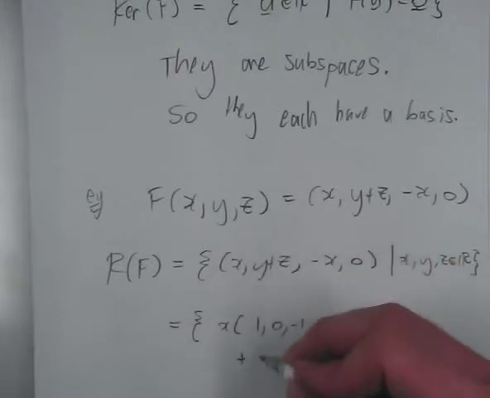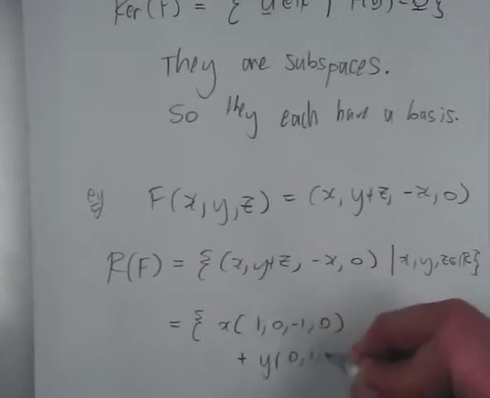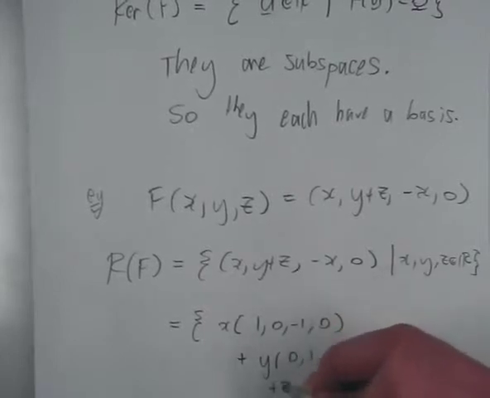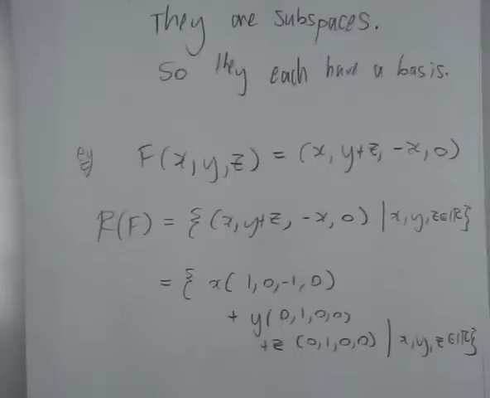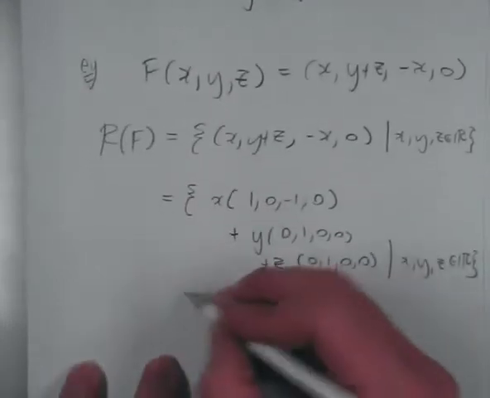So normally you'd go, well, it's y times 0, 1, 0, 0 plus z times 0, 1, 0, 0. Okay, so for each of the variables, I've given a vector that tells me where those variables are in the formula. And you can see that these two are the same one anyway, so I'll just combine them together.